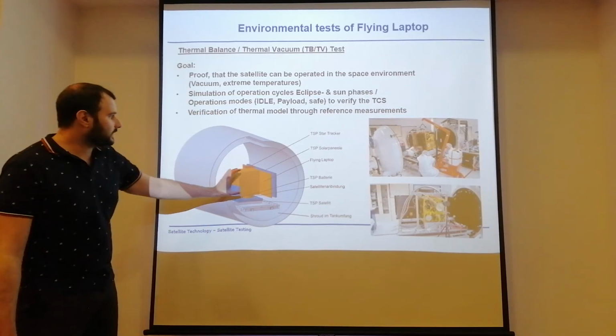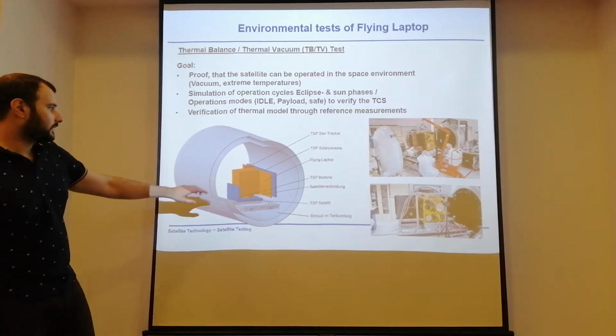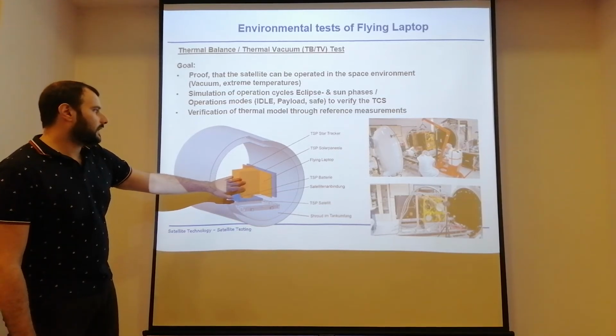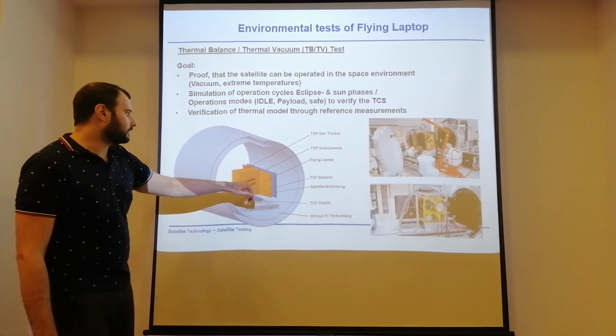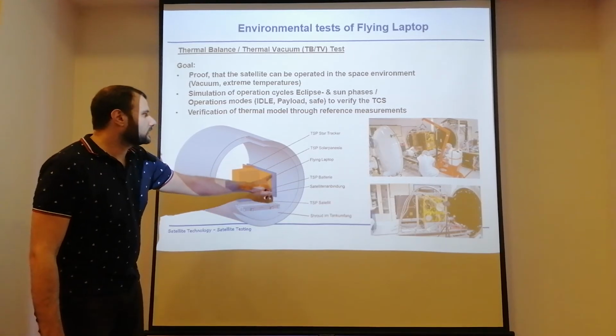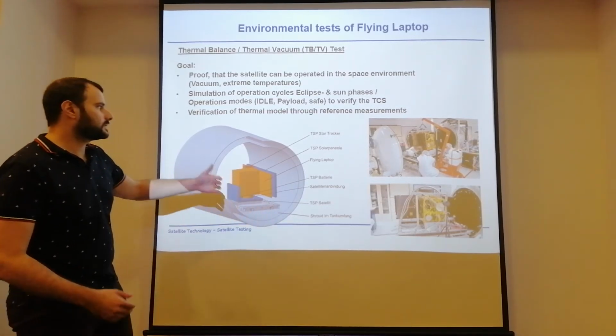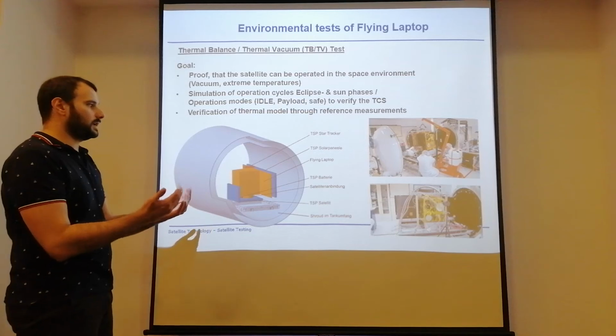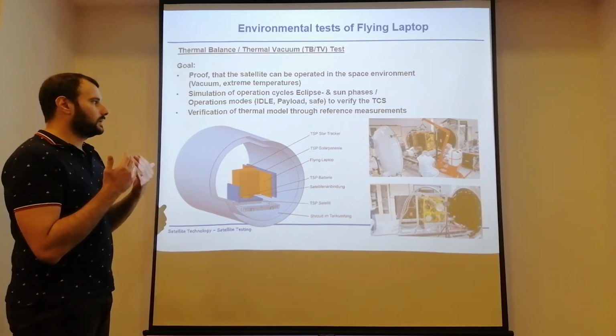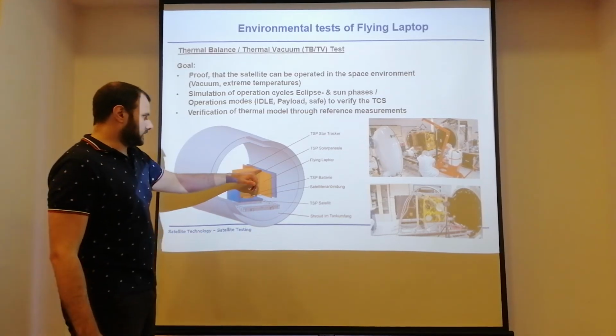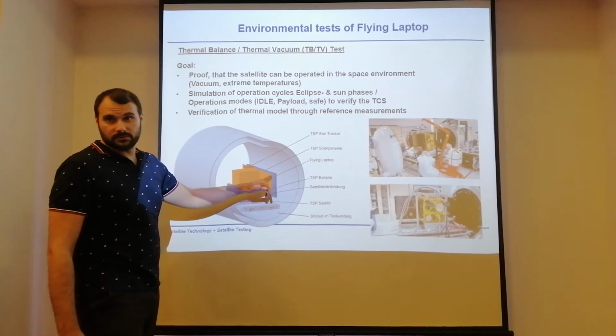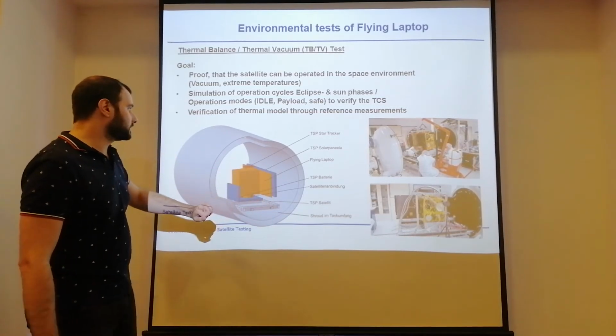Here we put the satellite into the vacuum chamber. We have the satellite here, and we have the thermal solar panels in front, so thermal simulators to simulate heat or cold coming towards the satellite and the solar panels.